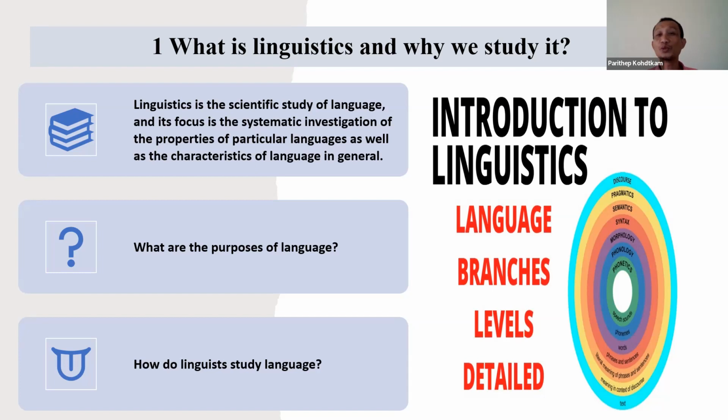Suppose there are two speakers, one a Turkish-speaking person and one a Thai, and both don't speak English. When they try to get the message across, they don't know how.